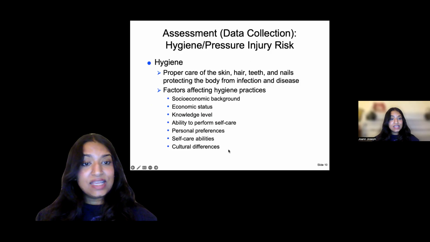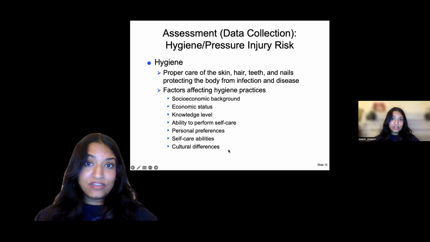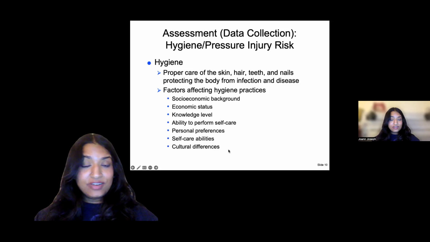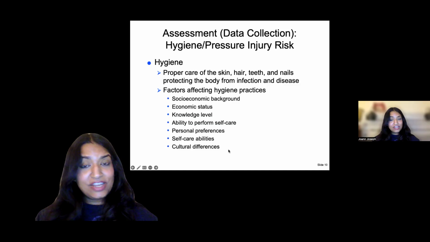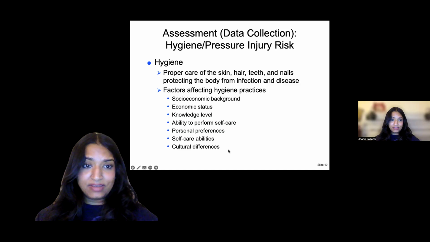Economic status, knowledge level. Some people were not raised, or a lot of cultures, first generational children, stuff like that. Maybe they did not have those resources in their countries, and they do not know how to properly take care of parts of their body.